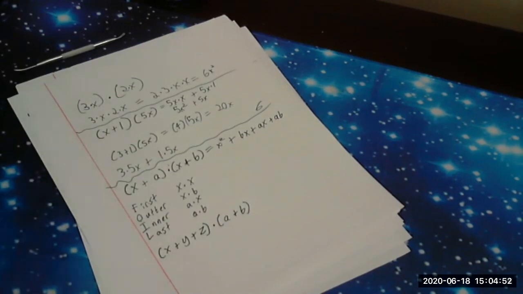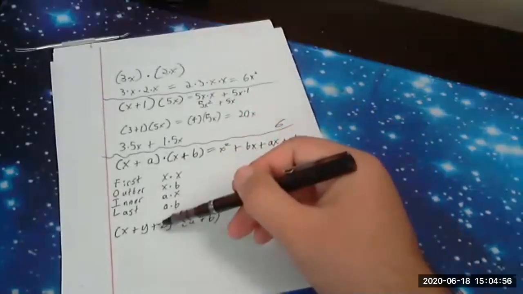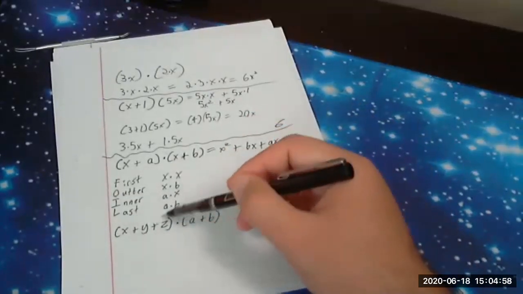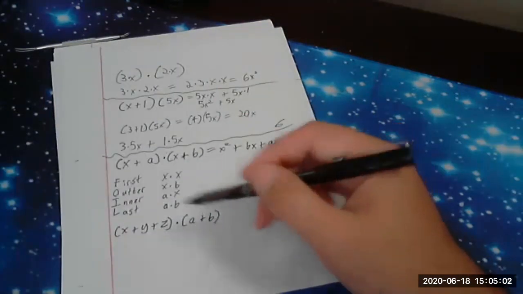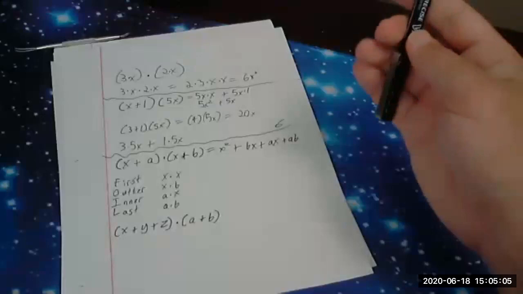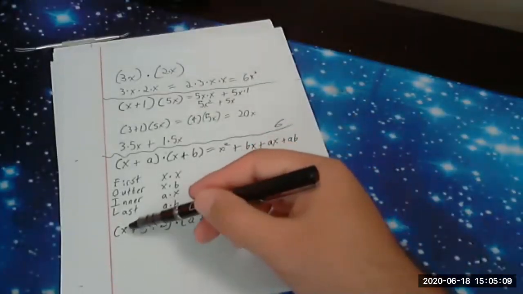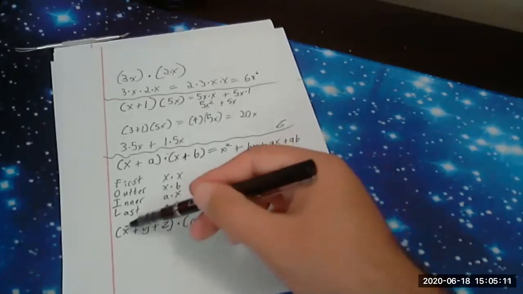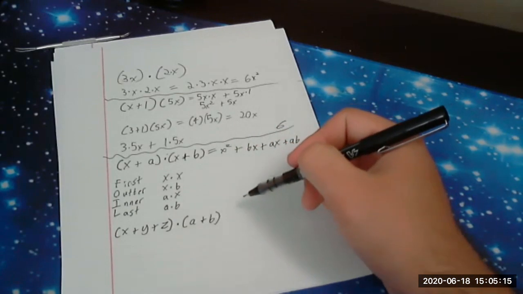The idea here is that you're going to combine everything in this set of parentheses with everything in this set in every possible combination. But X can't combine with Y or Z because they're in the same set, and A can't combine with B because they're in the same one.